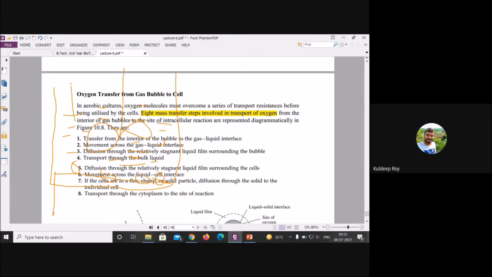One is your liquid, which is always in your reactor: the whole solution. Second is your gas: you inject oxygen bubbles, extra oxygen, to make the solution oxygen rich and increase microbial growth in that reactor. Third, you add cells, which are your solid. So you have three phases in one reactor.